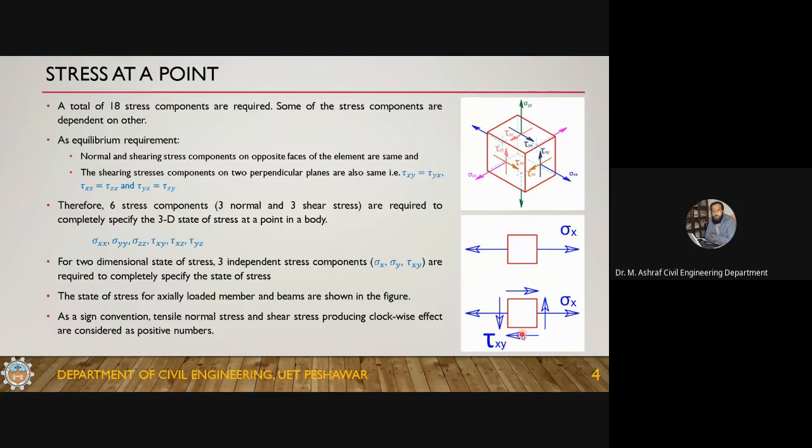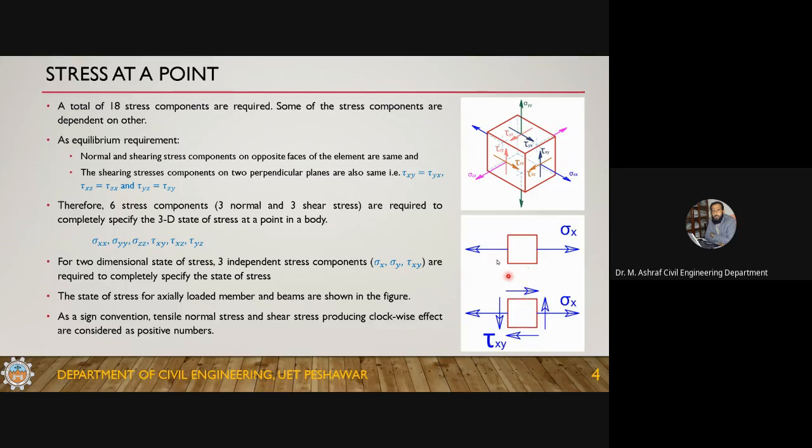As you know, it is an equilibrium requirement that vertical shear is accompanied by equal and opposite horizontal shear. Opposite means its sense is opposite, like producing a clockwise or a counterclockwise effect. In the case of a beam, there is no vertical stress, so you cannot have any sigma y.